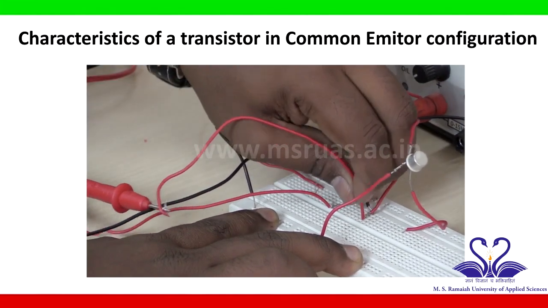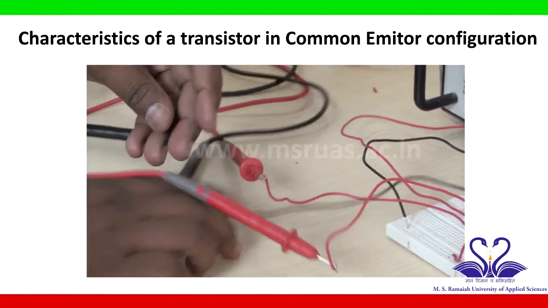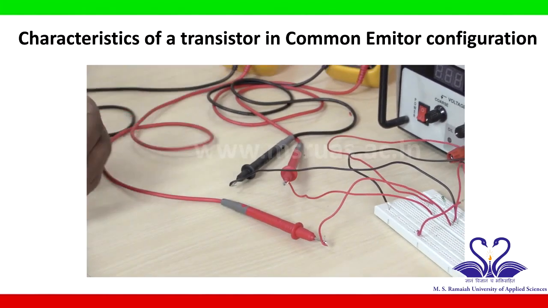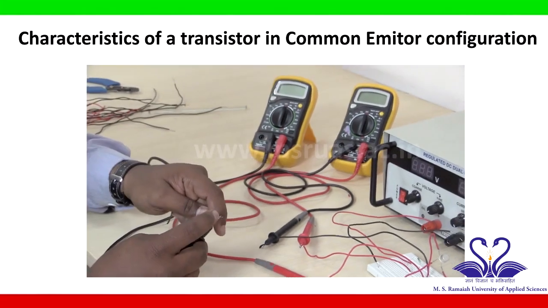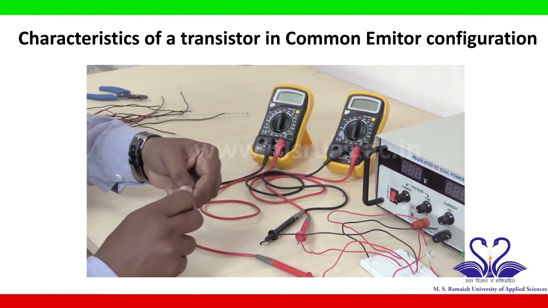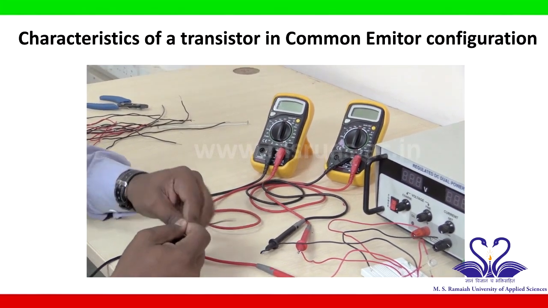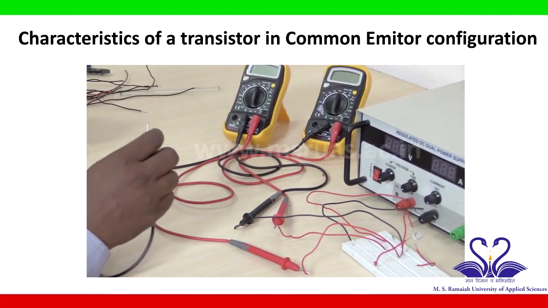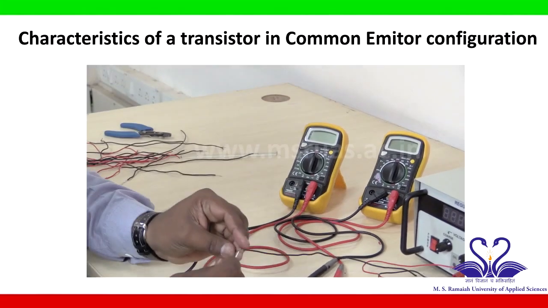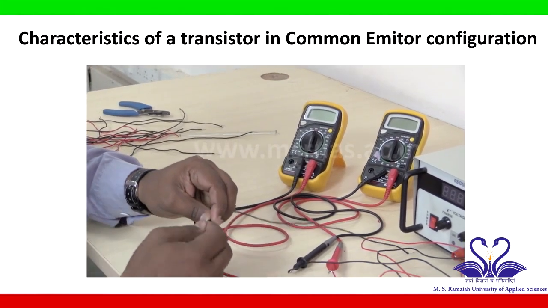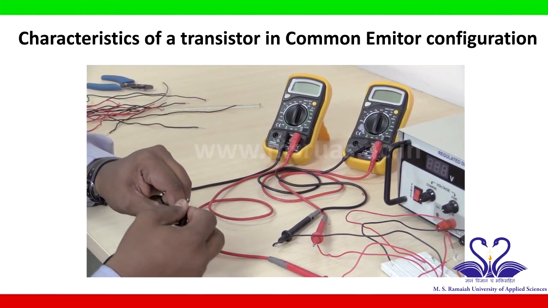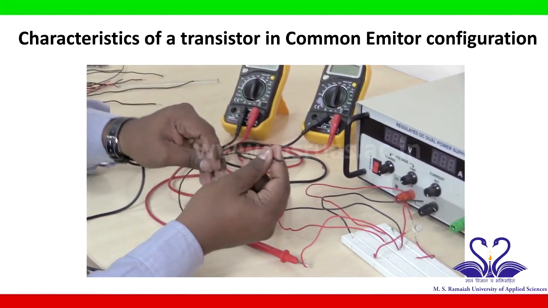and the negative of the voltmeter is connected to the ground. So take one wire, connect to this negative, which is connected to the ground.